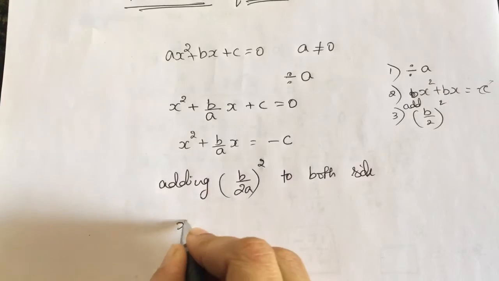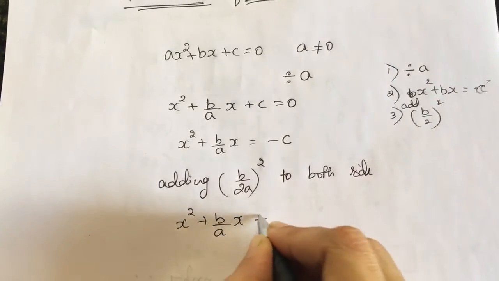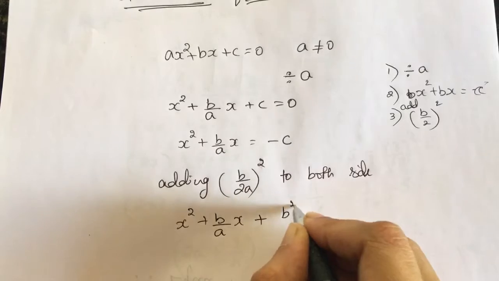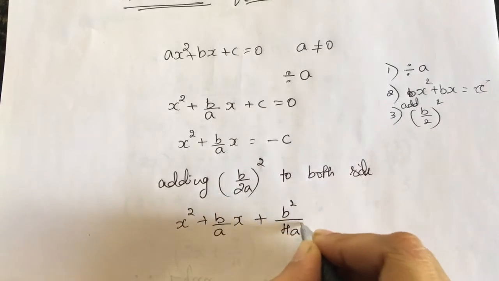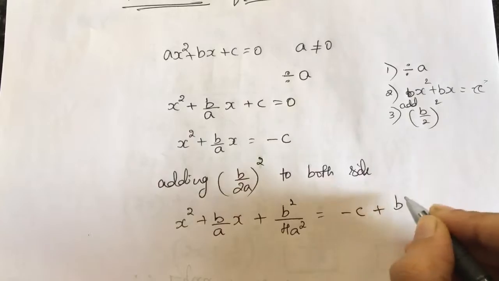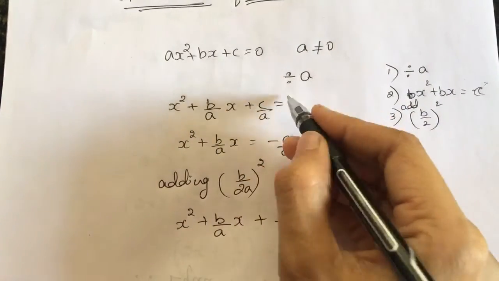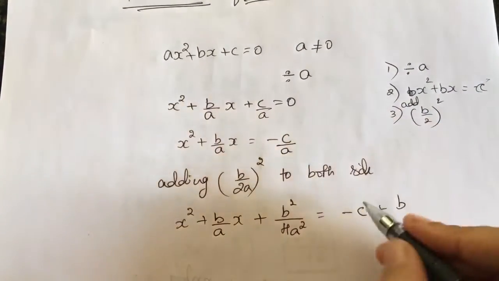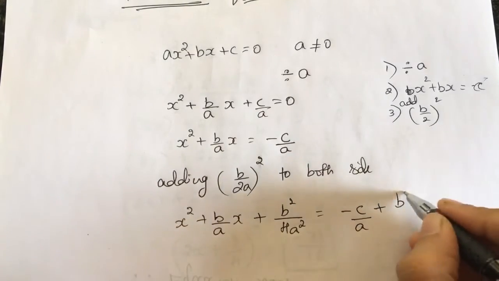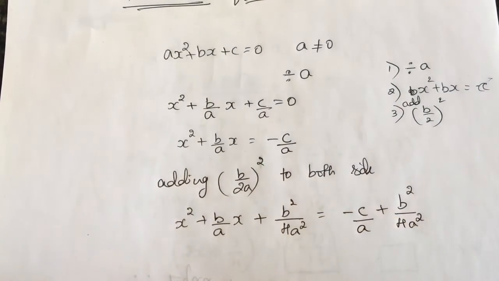What will I get? x square plus b by a x plus b square by 4a square equal to minus, sorry, plus c by a. I made a mistake here, I have to divide it by a, no? I'm sorry. So minus c by a, then I have to add b square by 4a square.